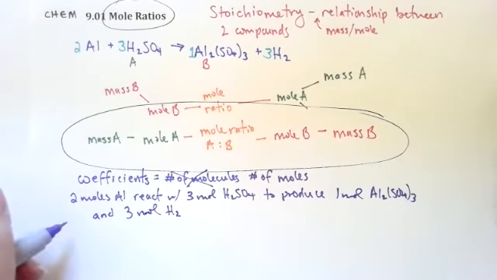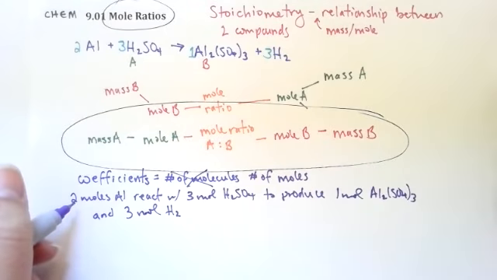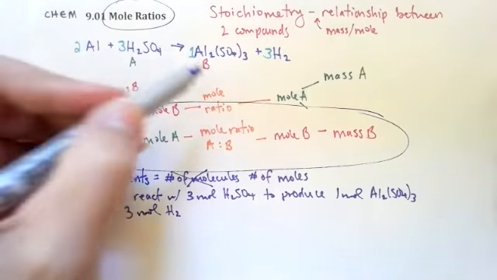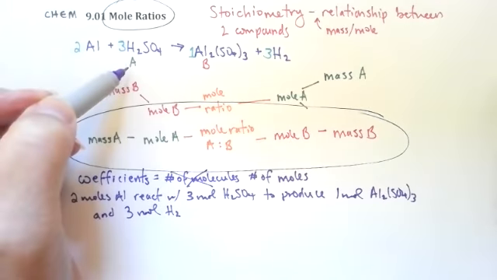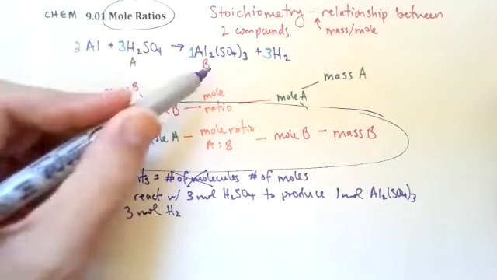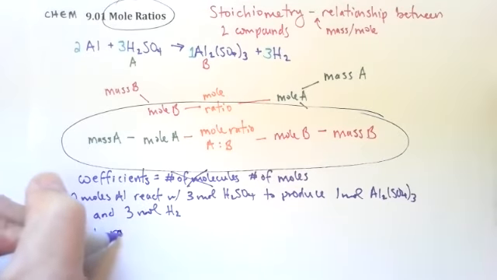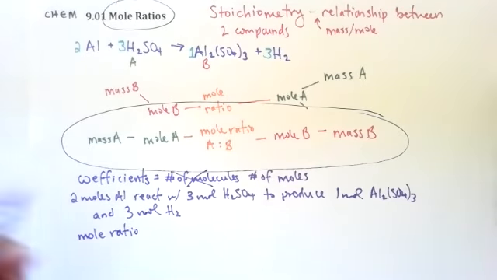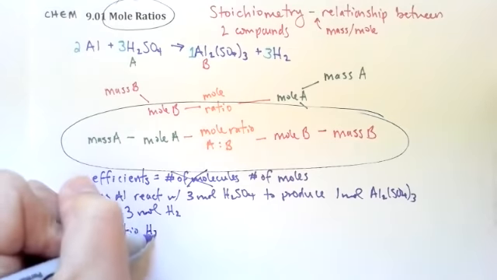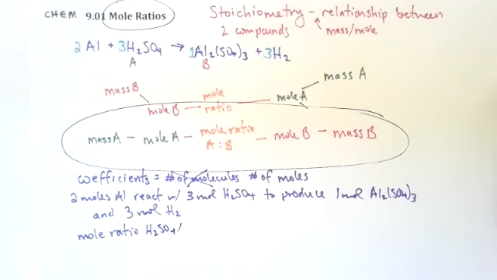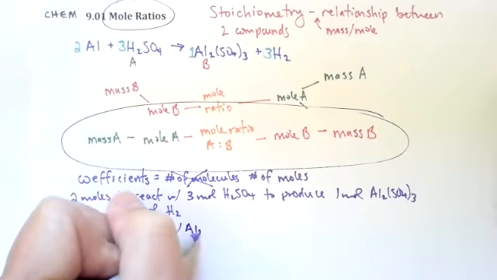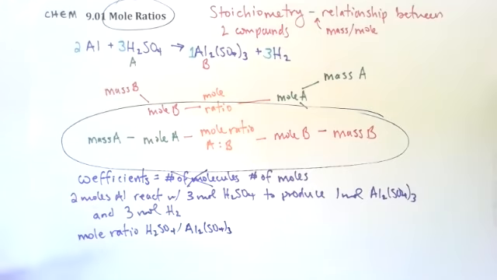So our mole ratios are the ratio of the moles of compound A to the moles of compound B. So in this case, the mole ratio of sulfuric acid, H2SO4, to Al2(SO4)3 would be 3 to 1.